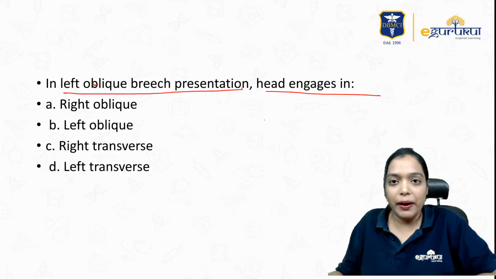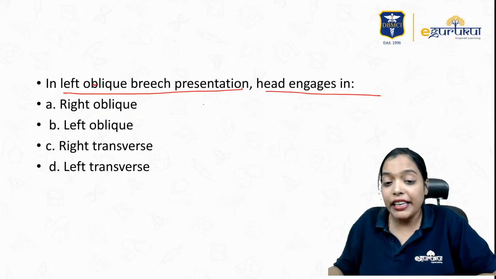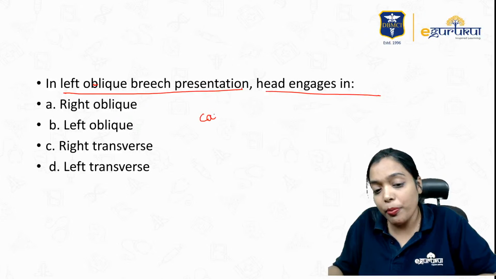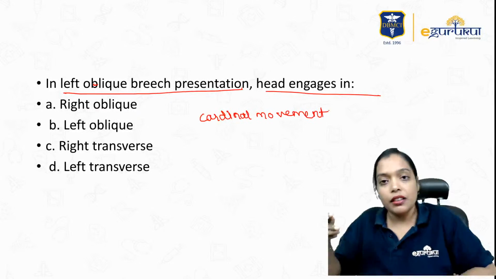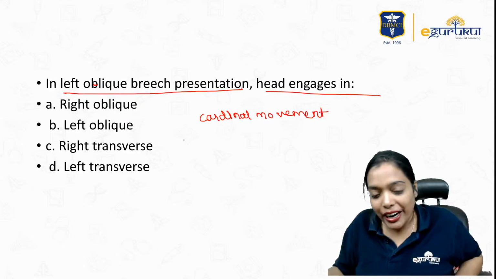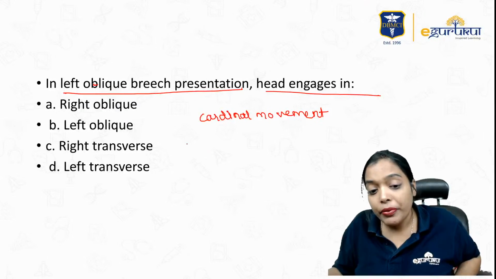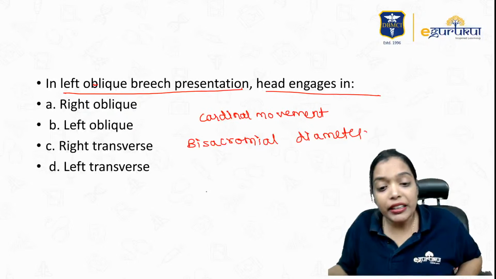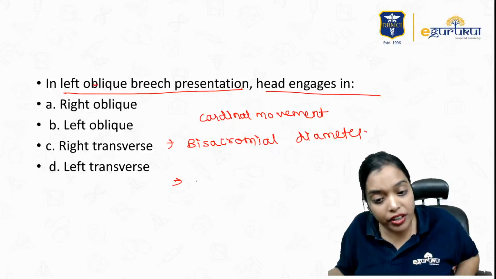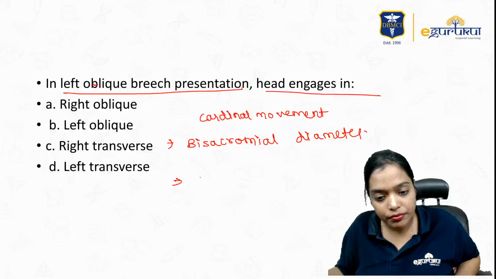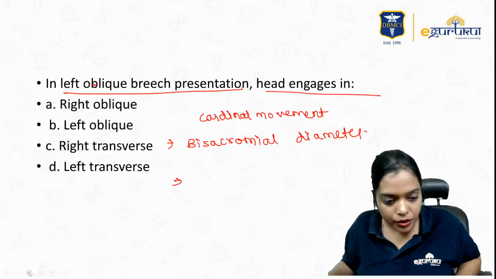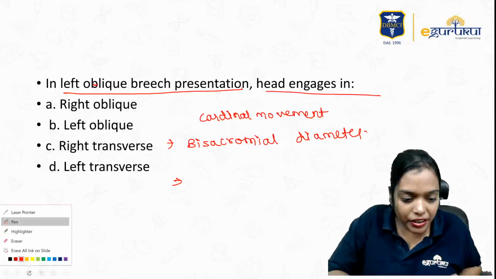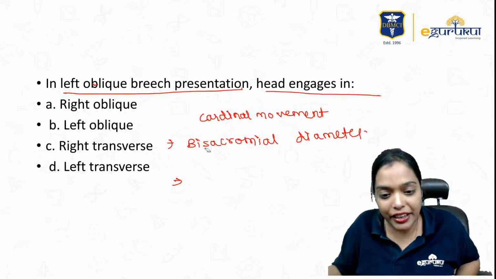To be frank, in breech there are cardinal movements happening at the level of the buttocks. Sorry, at the level of the buttocks it is not bisacromial, it will be the bitrochanteric diameter.